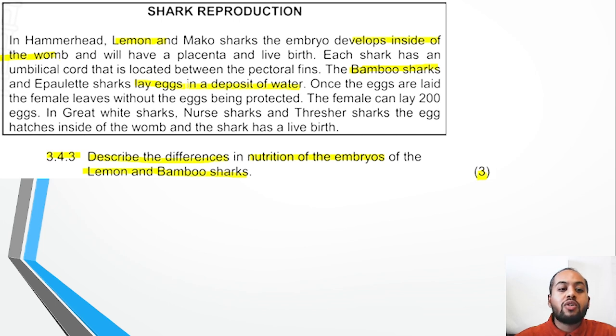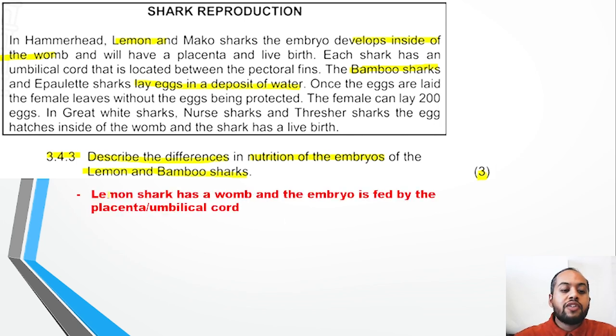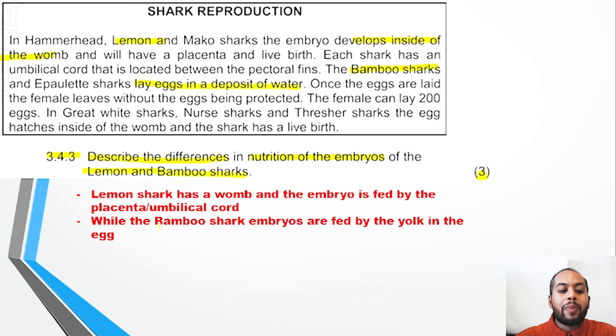The bamboo shark will receive their nutrients from the egg, and in the egg you normally get your nutrients from the yolk that's found inside the amniotic egg. So therefore the lemon shark has a womb and the embryo is fed by the placenta or the umbilical cord, while the bamboo shark embryo are fed by the yolk in the egg. That's for 3.4.3.